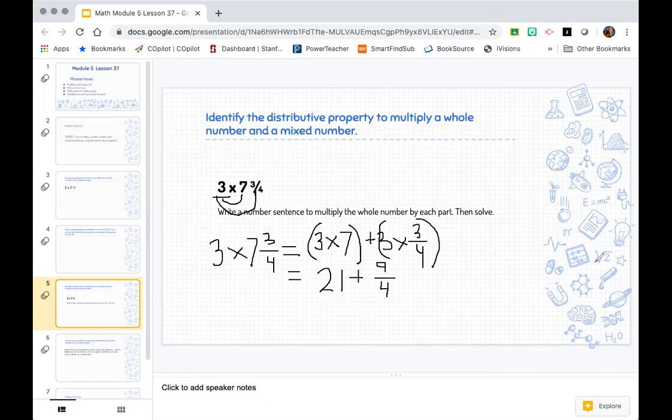And our final answer is 21 9/4, correct? No, Miss Corley was trying to trick you. 21 9/4, you guys, 9/4 is an improper fraction. So we can't do that. We need to now turn 9/4 into a mixed number, right?